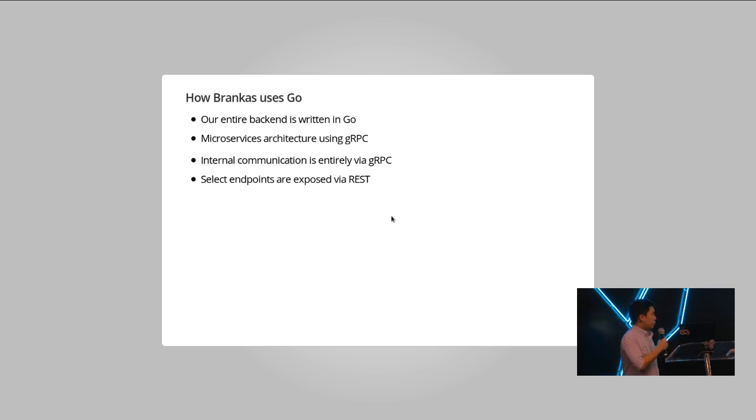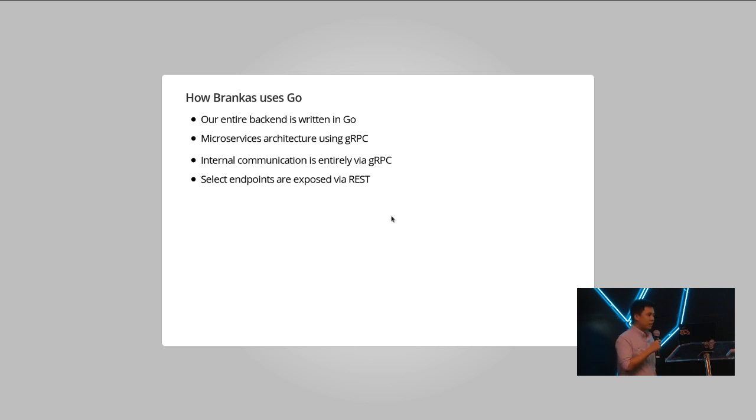So finally, how Brancos uses Go. Like Johnny mentioned, our entire backend is written with Go. We have a microservices architecture using gRPC. We use Google Kubernetes Engine on GCP. Internal communication between our services is done entirely via gRPC.